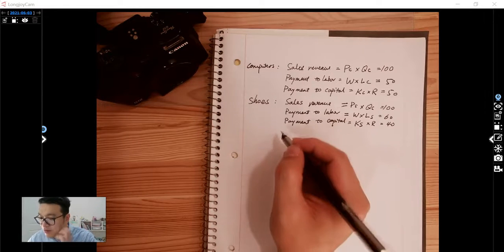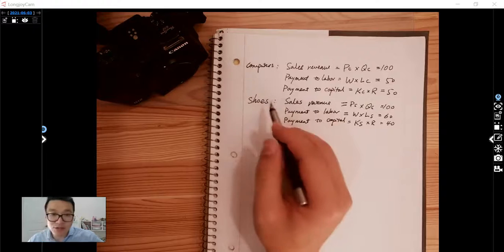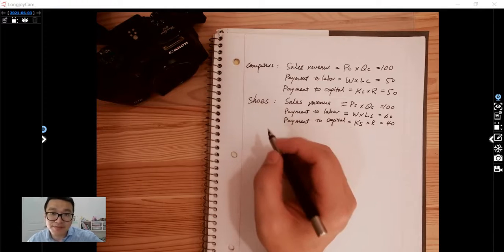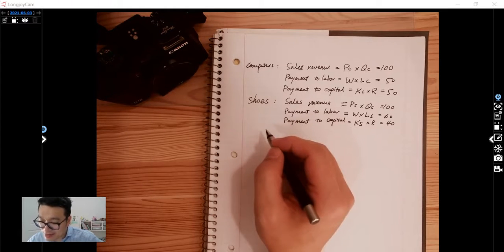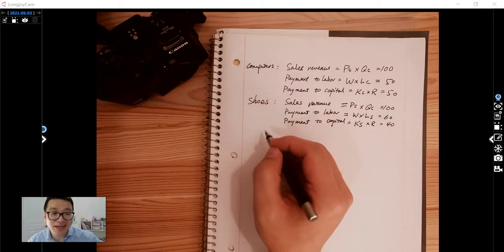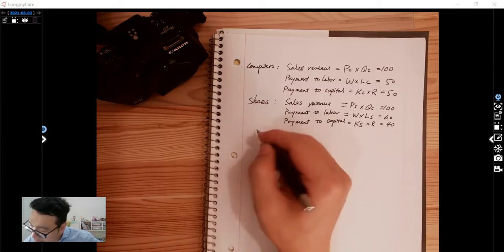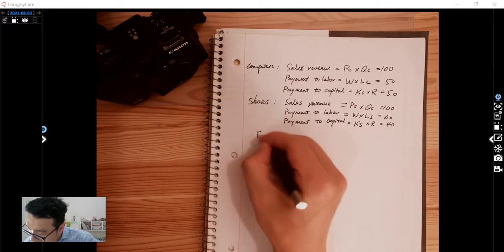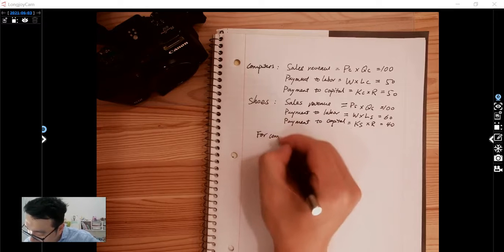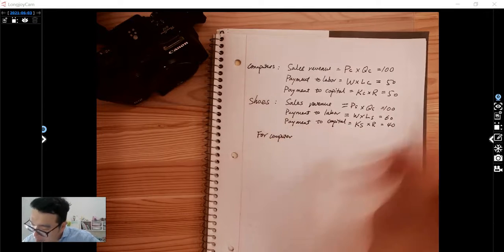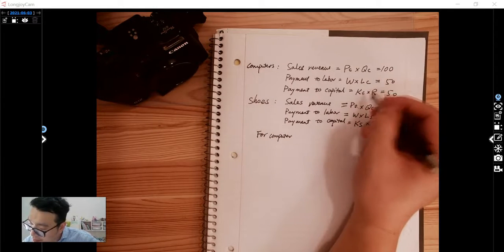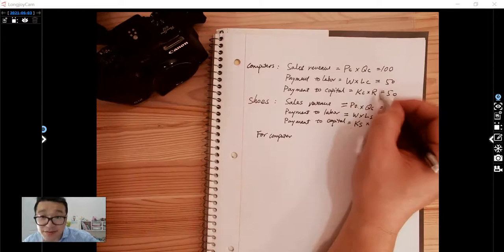Remember, we said if one industry is capital intensive, then that industry must have a higher capital to labor ratio. So we can use that. So for computers, we can use the payment to labor and payment to capital here.